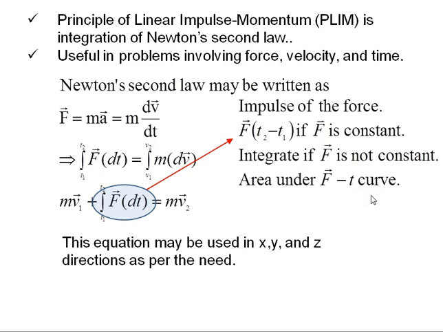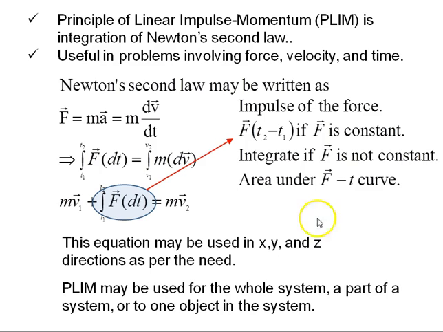We can use this equation in either of the x, y or z directions as per the need, in which case we write mv1x to indicate its x component, plus impulse along x, is equal to final momentum along x direction.